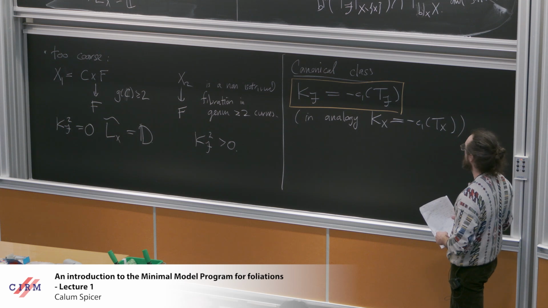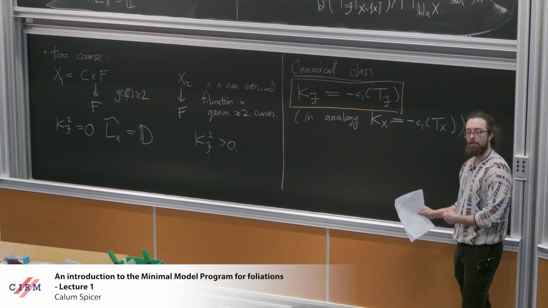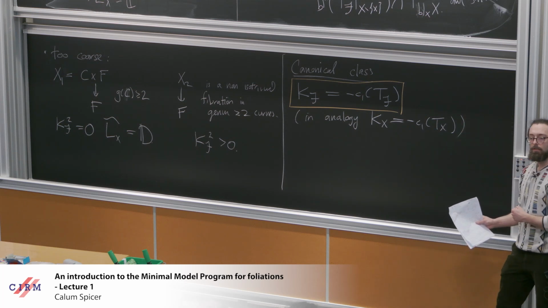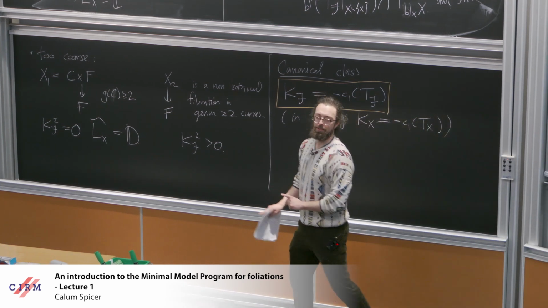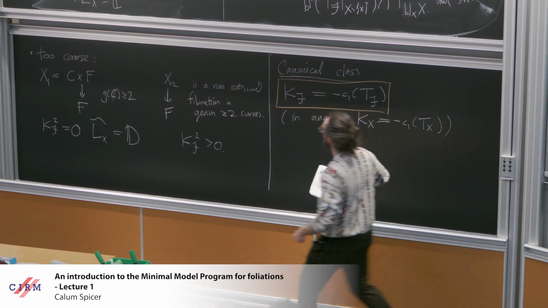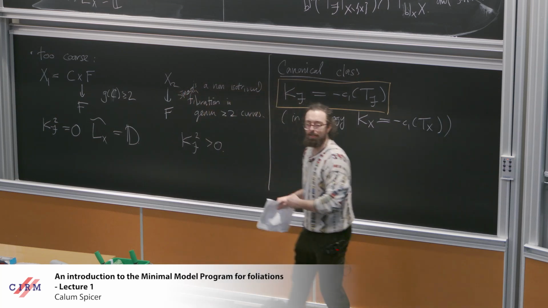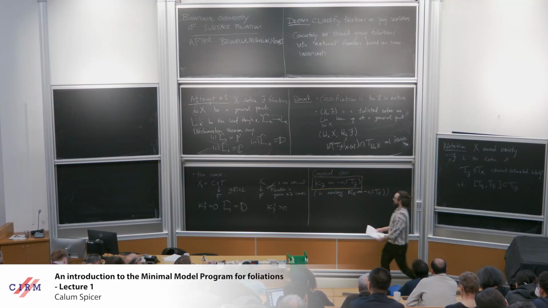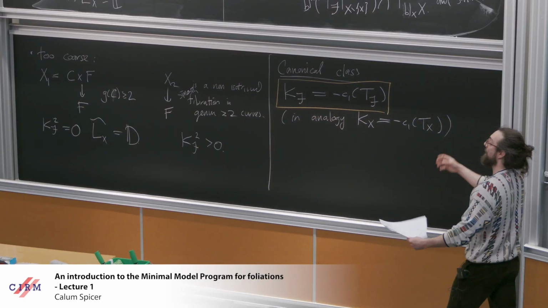If it's a smooth non-isotrivial fibration in genus 2 curves, K_F is ample, right? If it's a minimal fibration, yes. So I'm assuming it's a smooth Kodaira fibration. Otherwise, you're right, we'd have to do a bit more work, which we'll get to. Yes, thank you.